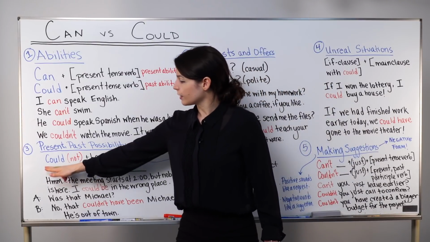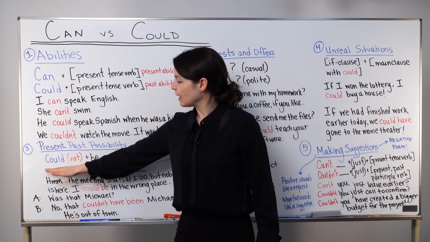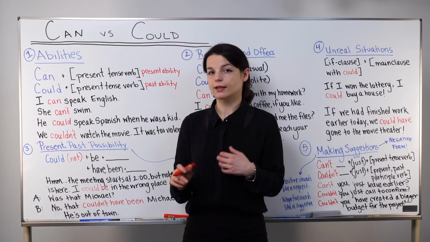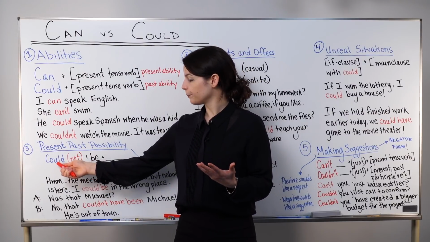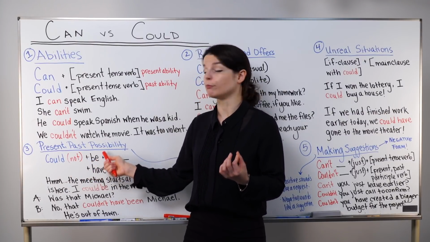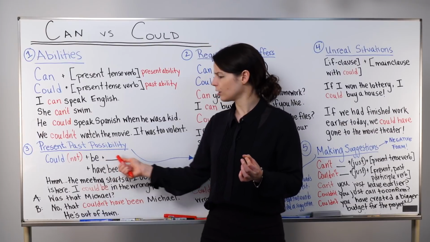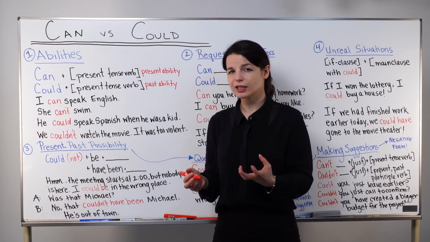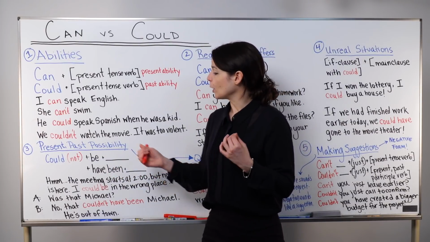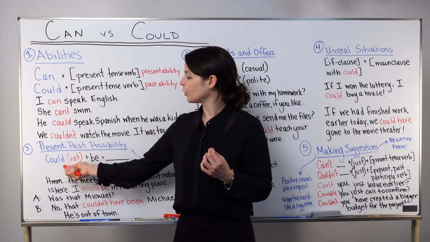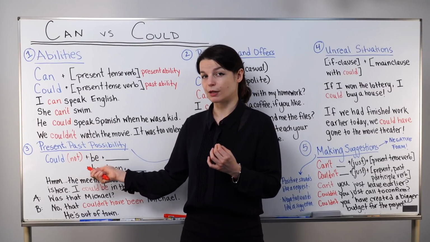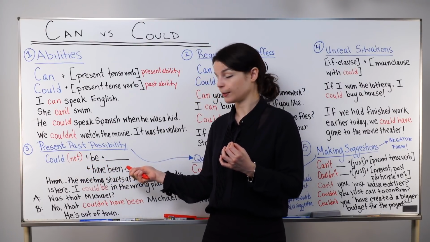So first, an explanation. In many of these possibility statements, we use could plus the verb be, plus often some kind of like adjective phrase. When we make the negative form, we use could not plus the verb be plus our adjective phrase.